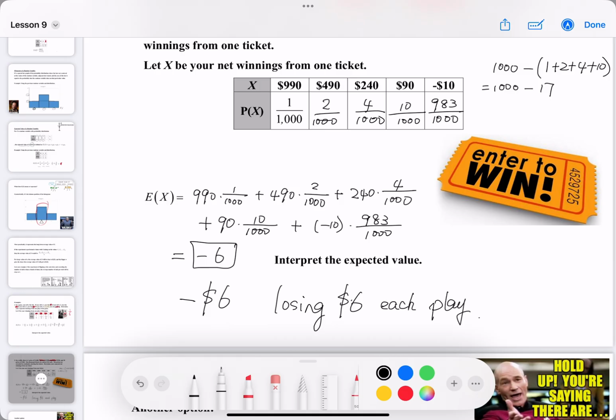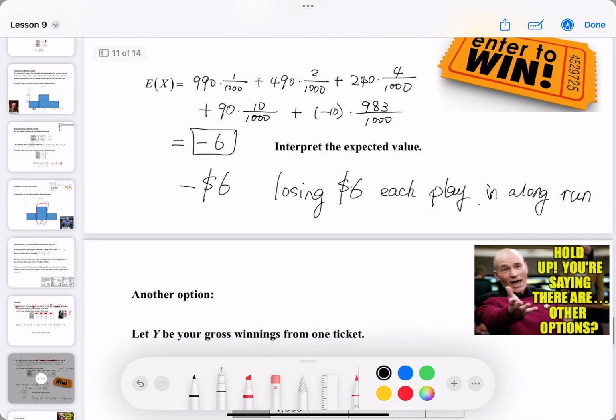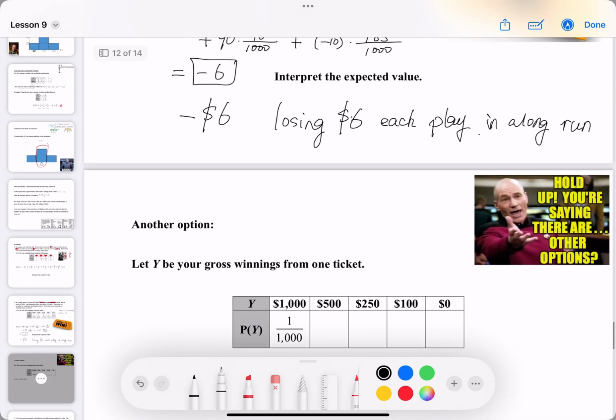So each play, I'm going to lose $6 per playing. In the long run, the average is losing $6 each play. That means the people who are selling the raffle tickets are getting a lot of money, because one play will lose $6, and we have so many players and so many plays.